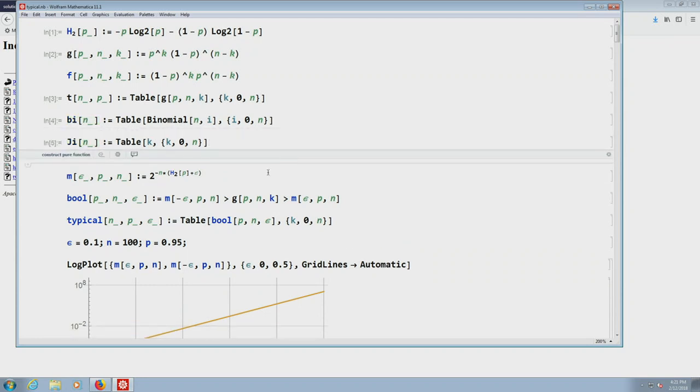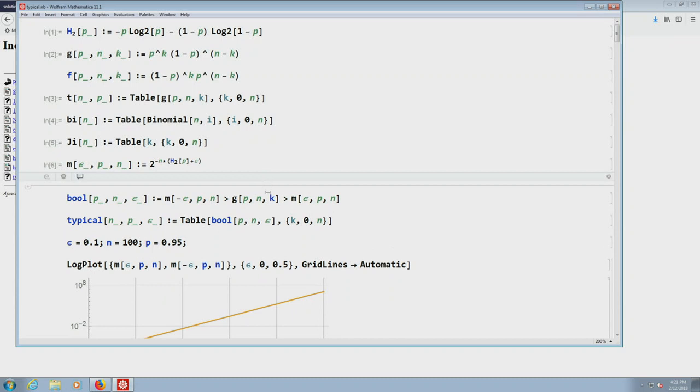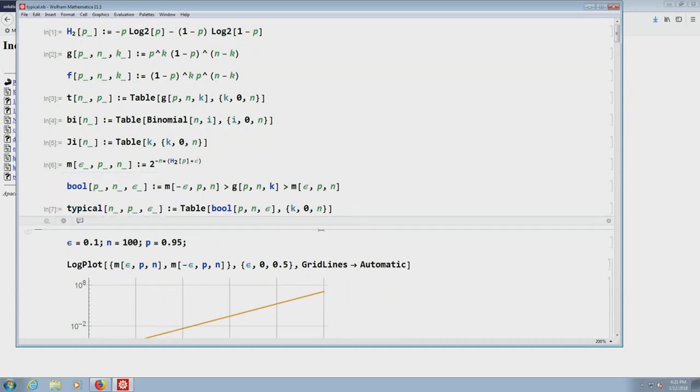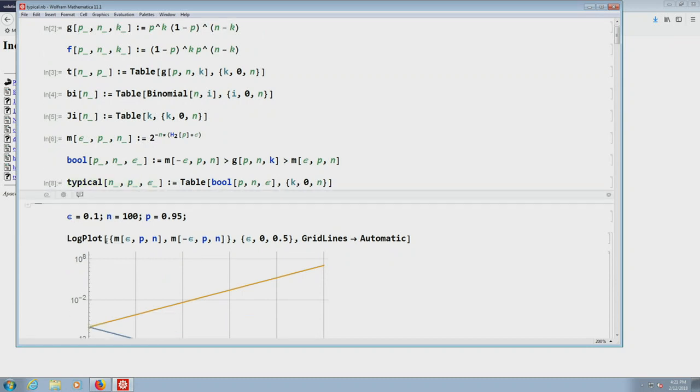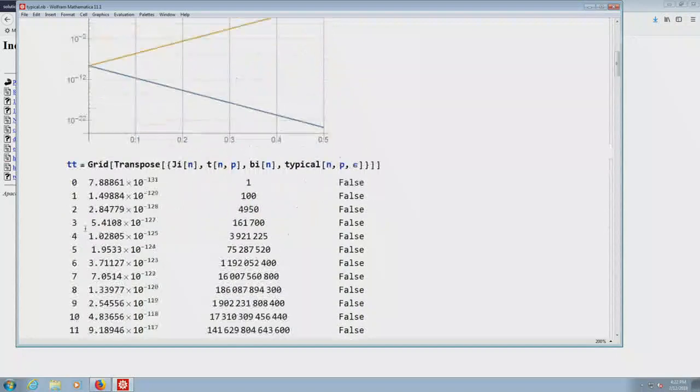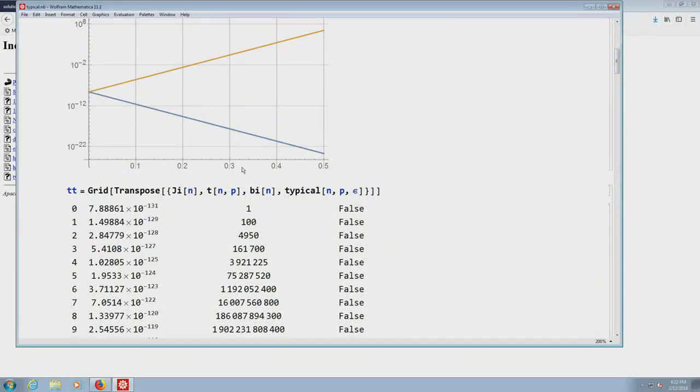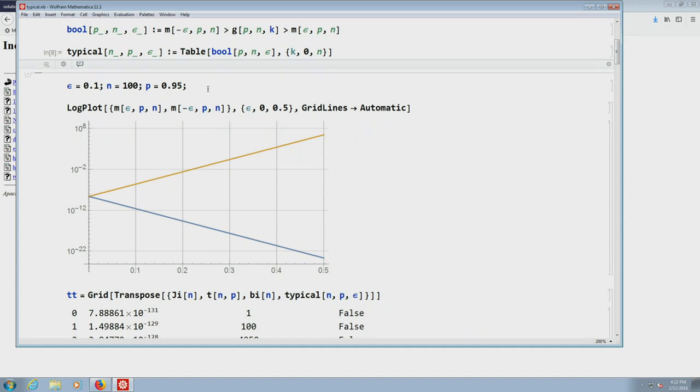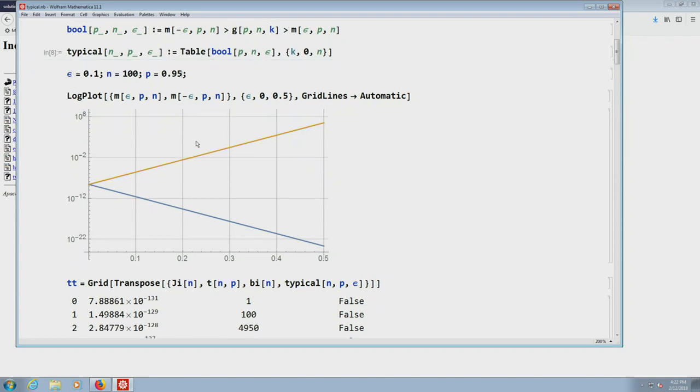That's just a bunch of numbers. We'll use that one. Here's a Boolean expression. Here's typical. So I'm going to take epsilon equal to 0.1. For example, I'm going to take p as 0.005.